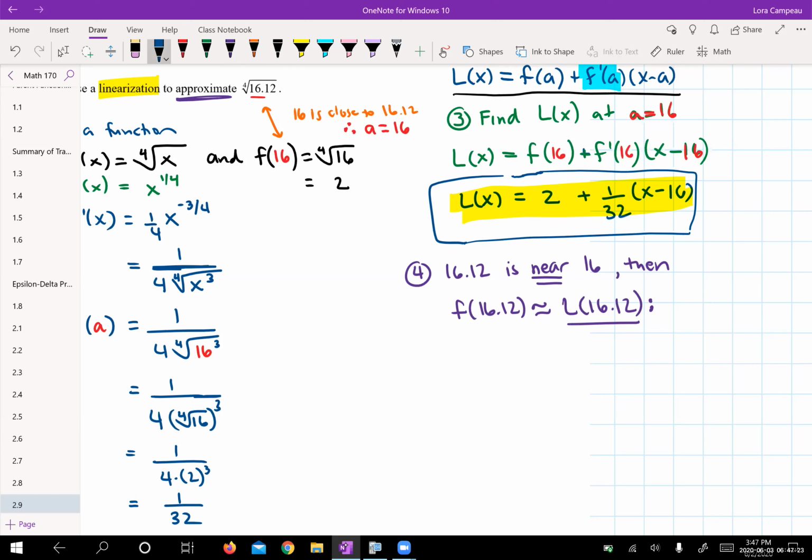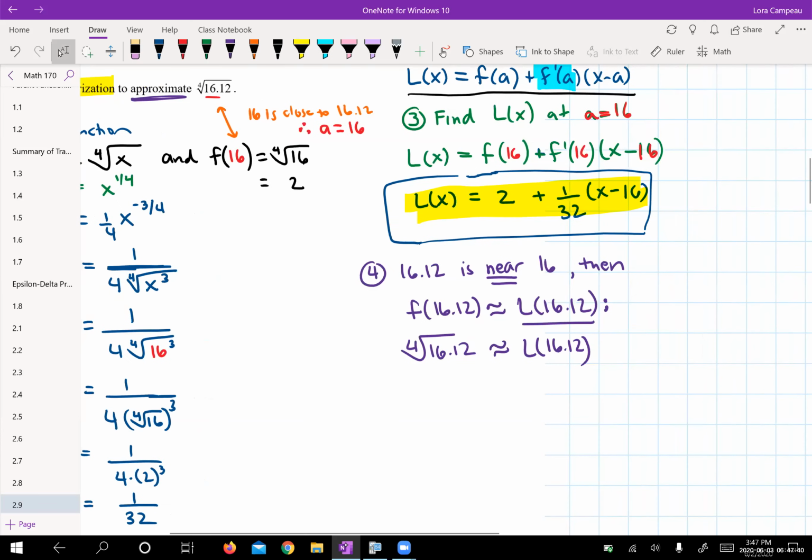So my friends, the fourth root of 16.12 can be approximated by the linearization of 16.12. And the formula that we found for that is equal to 2 plus 1 over 32.